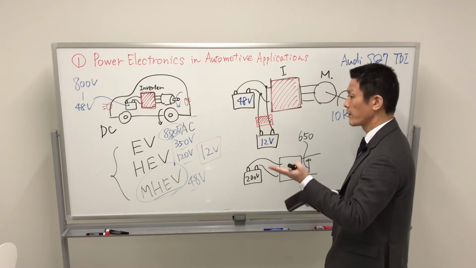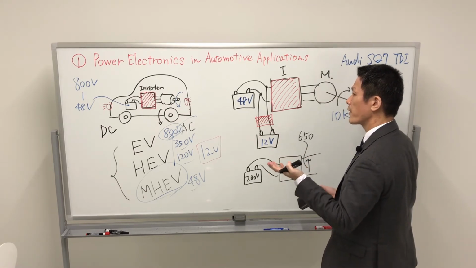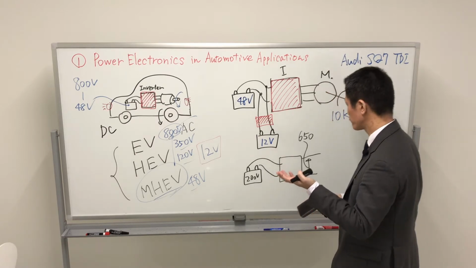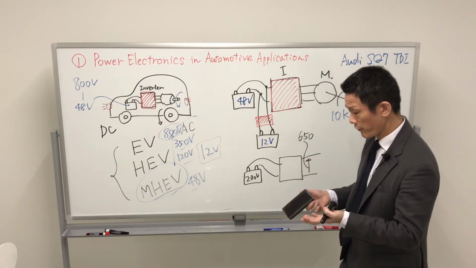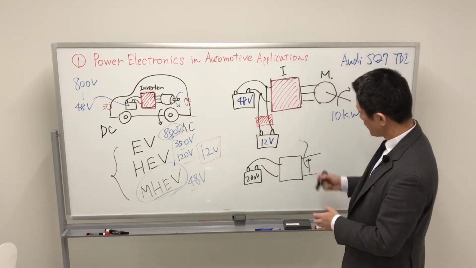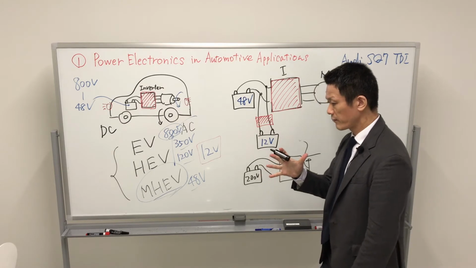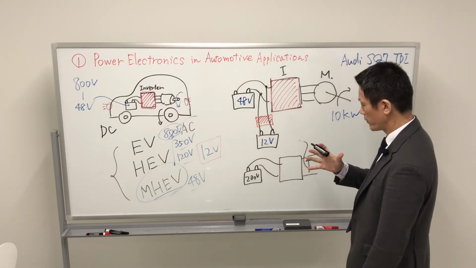The first model is around 288 volt. And the second model is, on the inverter side, 500 volt.